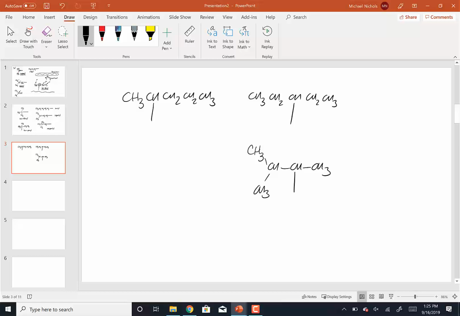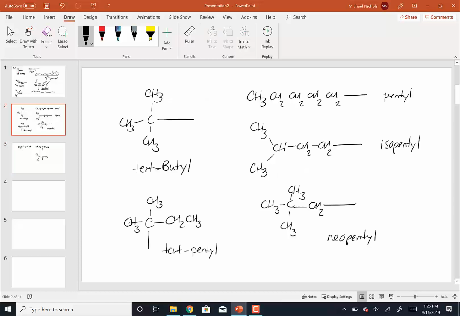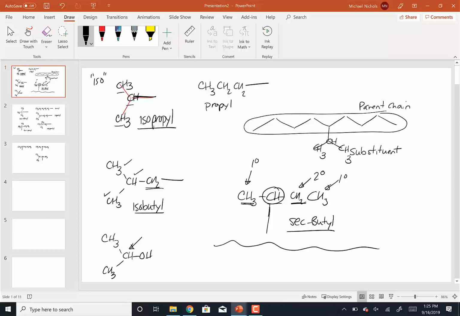For the sec butyl one, couldn't it also be attached to the carbon to the right of it and be secondary? You want a sec butyl? Sure. Same thing. They're the same group.